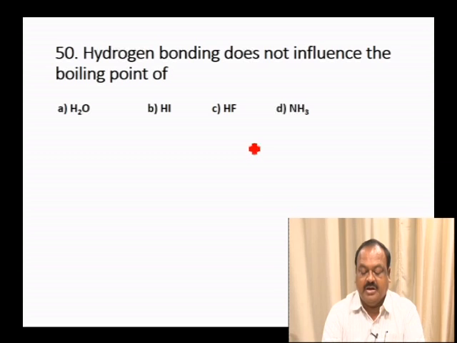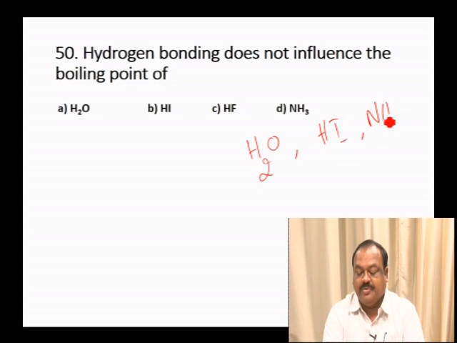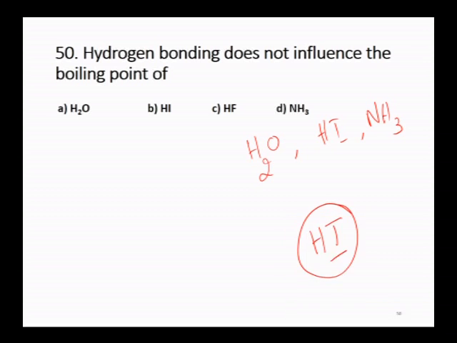Hydrogen bonding takes place in the case of H2O, HF and NH3. It does not take place in the case of HI. So hydrogen bonding in no way forms in HI, and it does not influence the boiling point. So the answer is B. Hydrogen bonding does not take place due to the large atomic size of iodine.